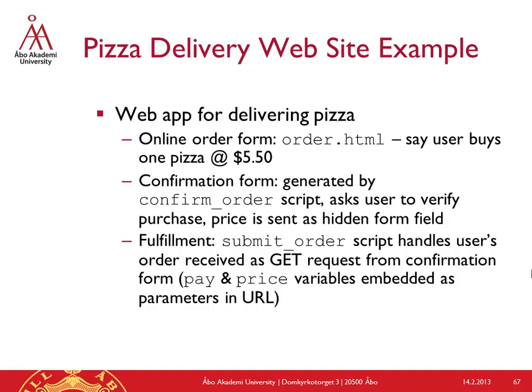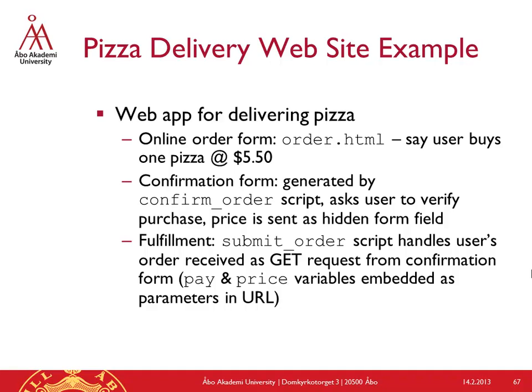One of the ways to implement it is to use hidden fields, for example, in our HTML files. So here is a scenario we have to implement. We have some sort of online order form, through which we are going to order some pizza.